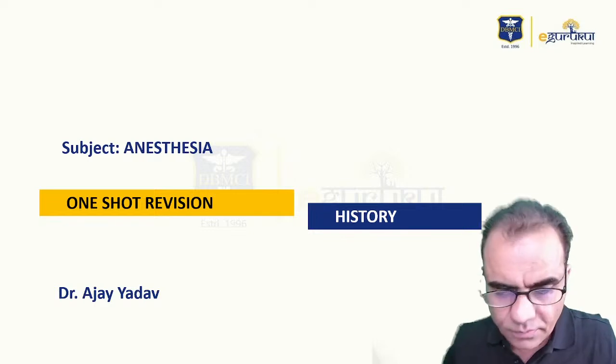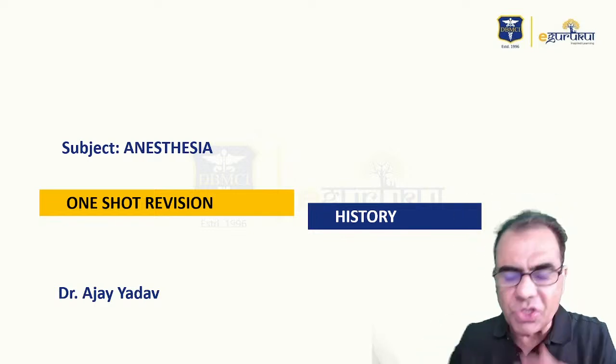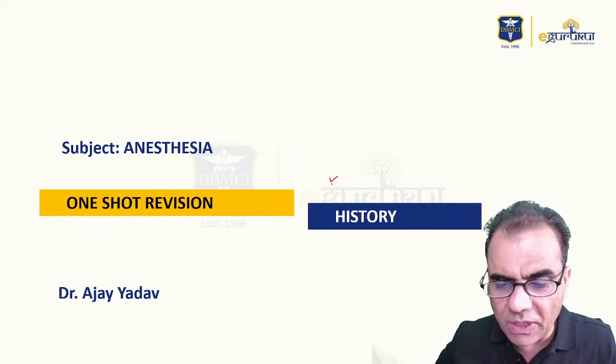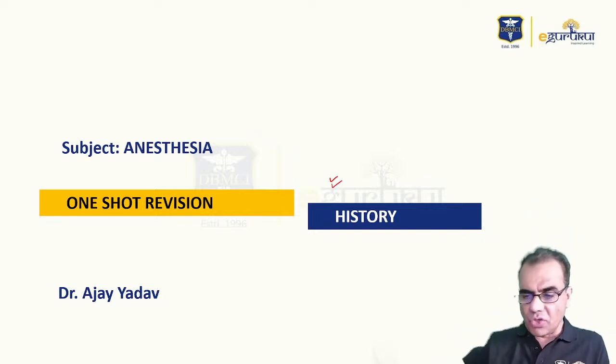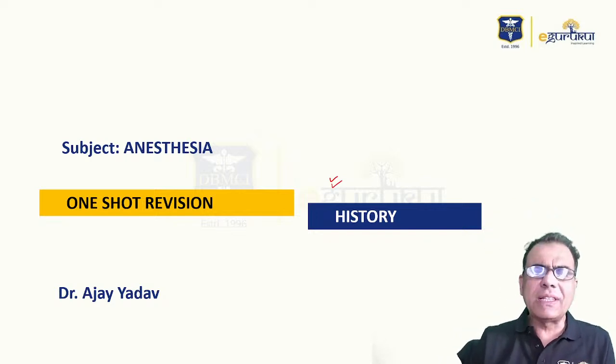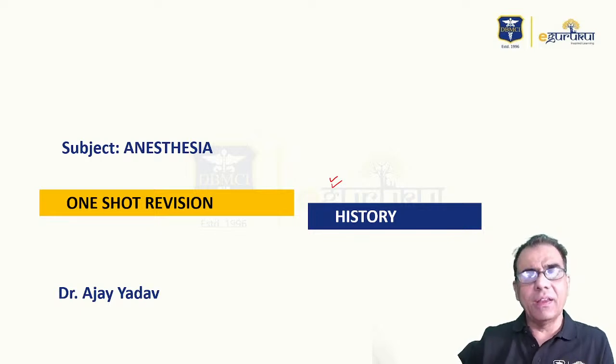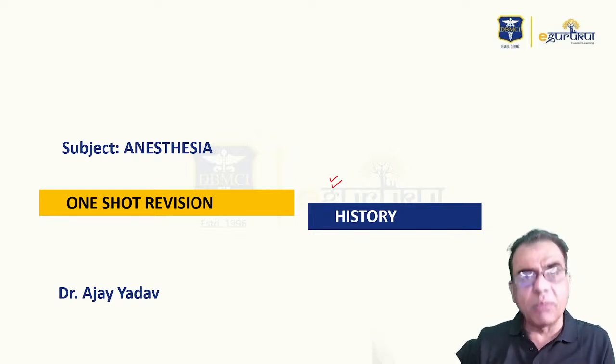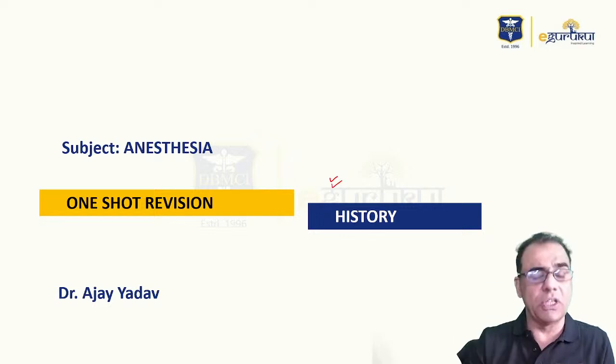Fine. So let's start with history. Anything in life begins with history. So let's start with history of anesthesia. Obviously, history has a lot of milestones, and only then do you achieve something. Same as happened with anesthesia.